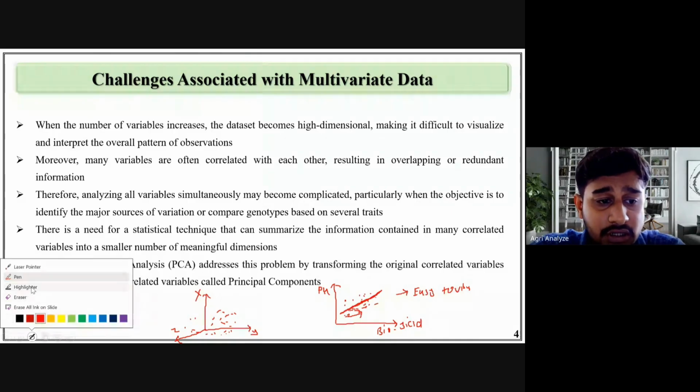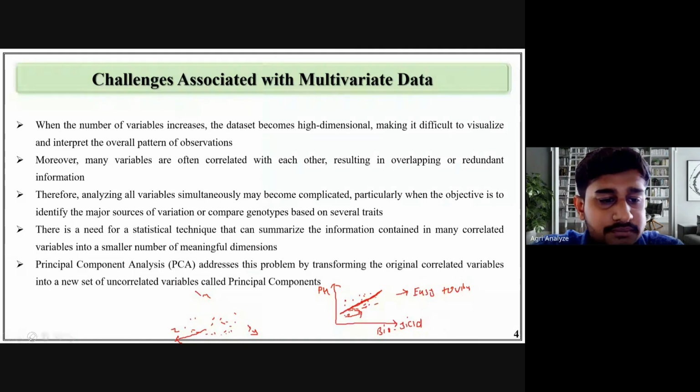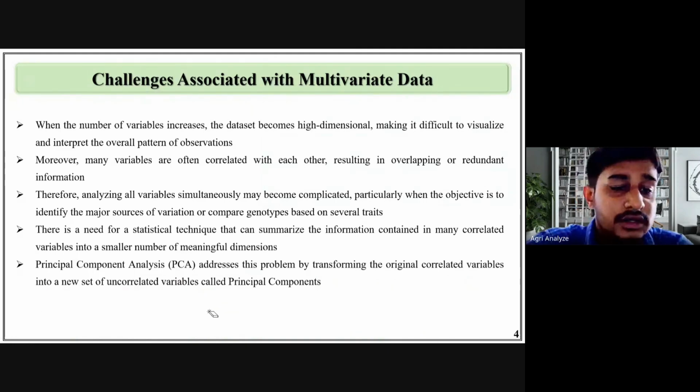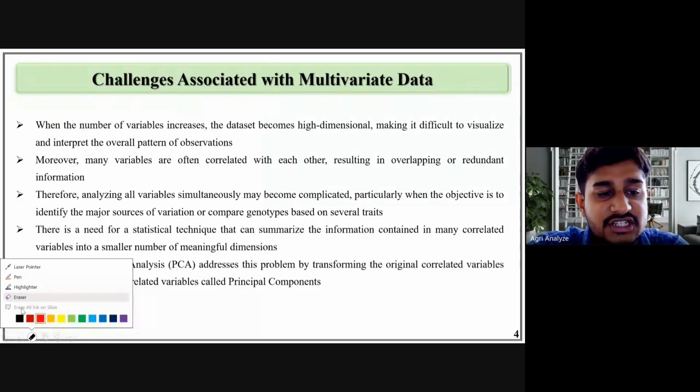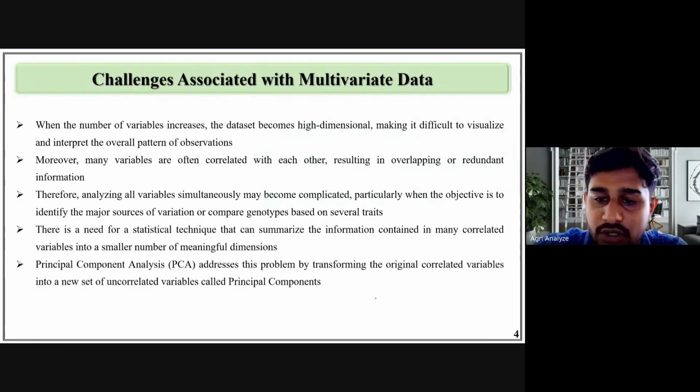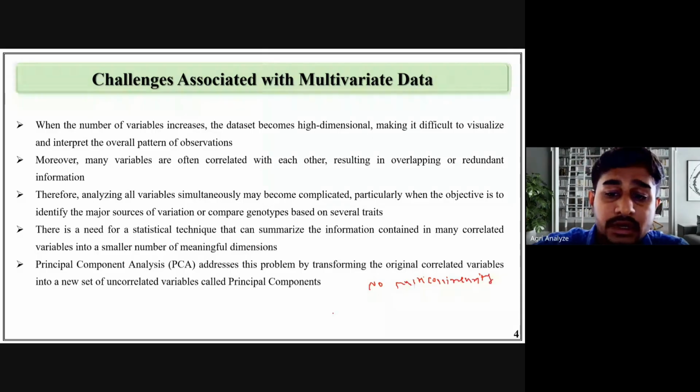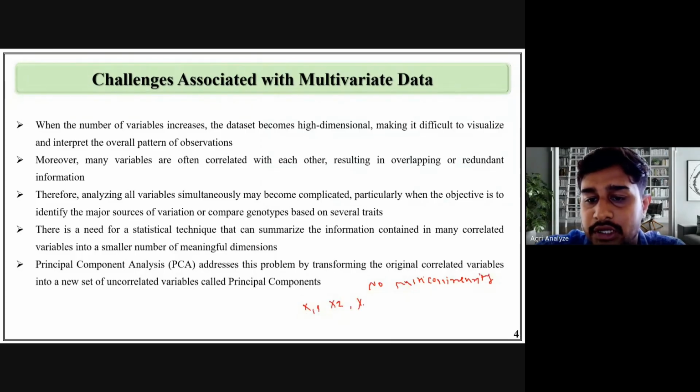So we know that in multivariate regression analysis, the first assumption is no multicollinearity. It means in multiple regression, if we have x1, x2, x3, and x4, so here we have pairs x1 x2, x1 x3, x1 x4, and the correlation between them should be non-significant.